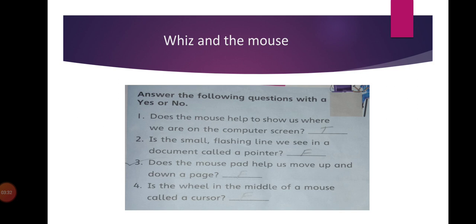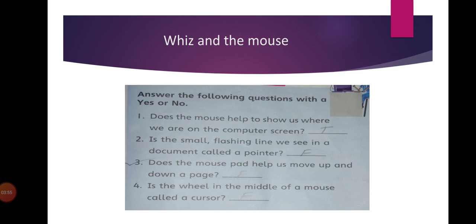And the second statement is the small flashing line we see in the document is called a pointer. That is false. No, that flashing line we say is a cursor. Okay students, pointer and cursor are different, they have different meanings.